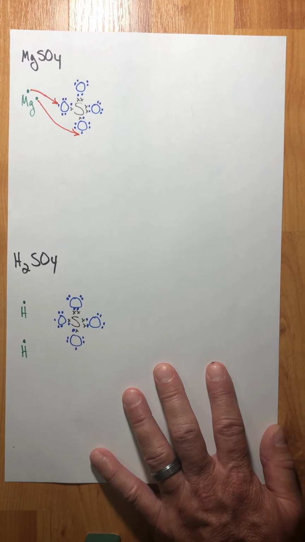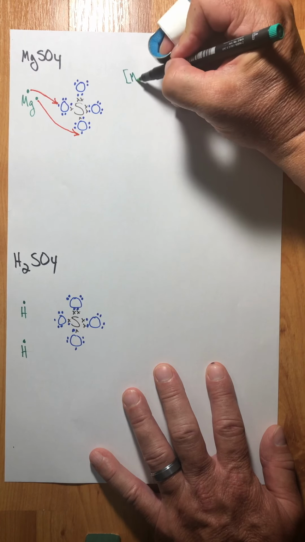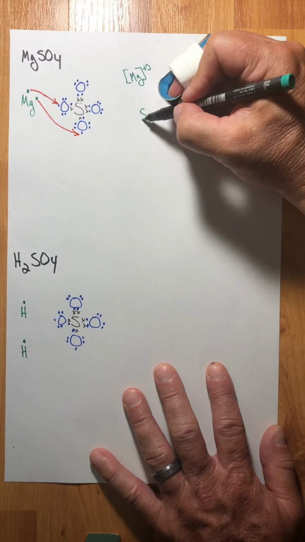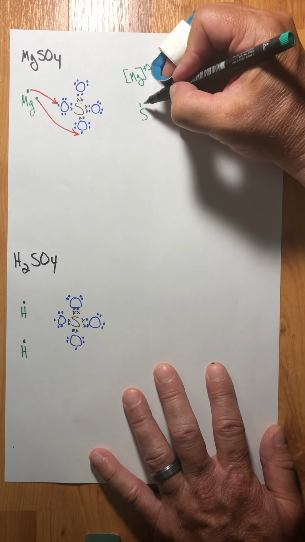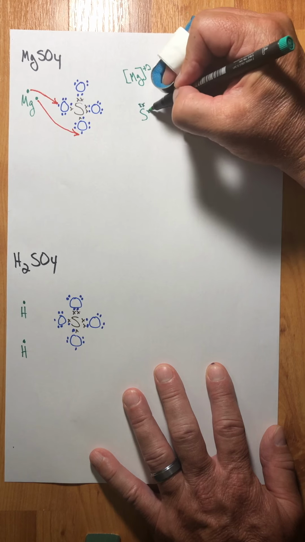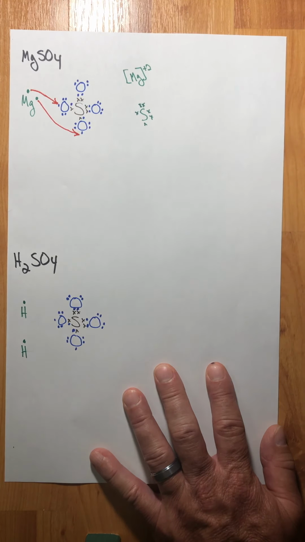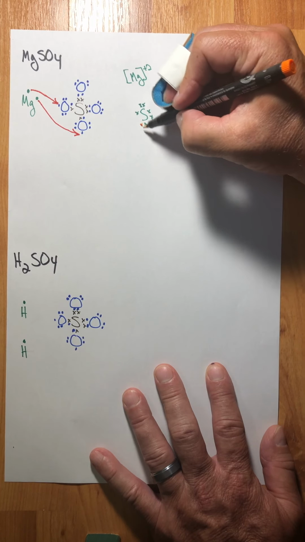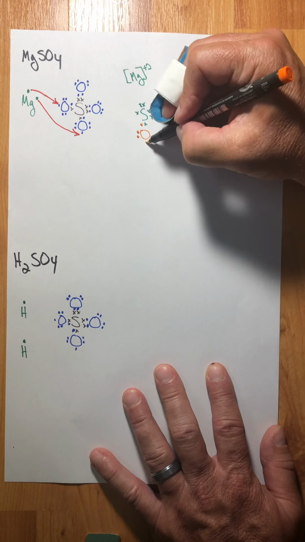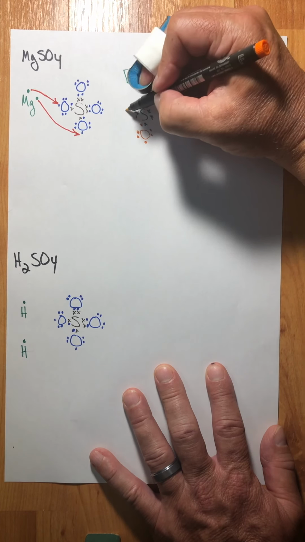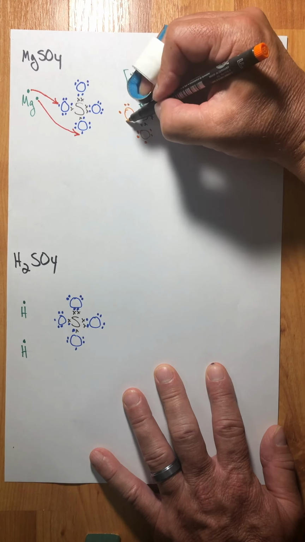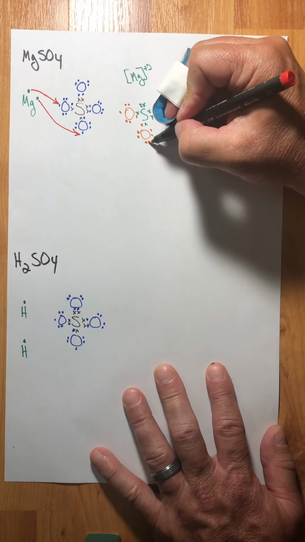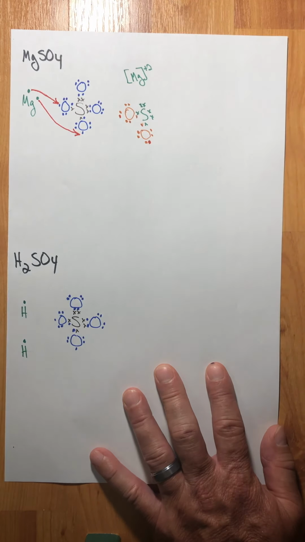Once I'm done that, I'm going to show my magnesium as a positive ion, and then sulfate with an extra electron there, and an extra electron there.